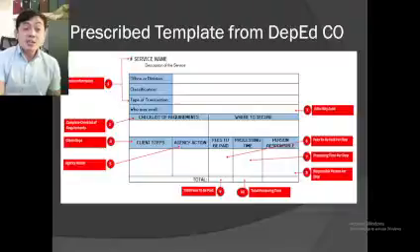Then the classification: either government to citizen, or government to client. Then the type of transaction, who may avail of the particular service, and then second, the checklist of requirements.